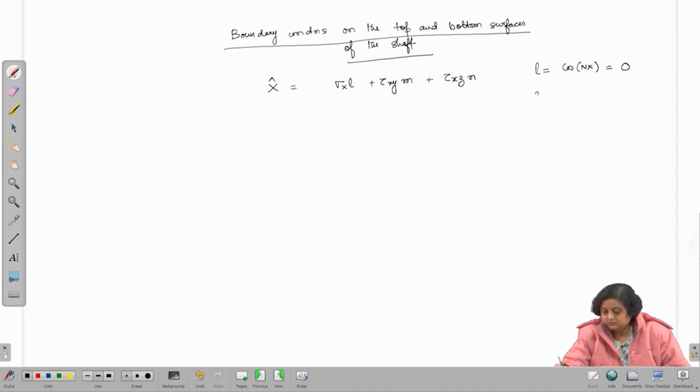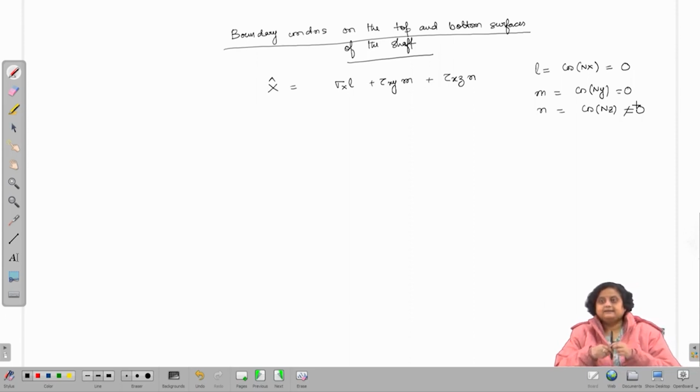M is equal to cos n y, which is equal to 0, and n, which is cos n z, is not equal to 0. N is along z, so it makes an angle 0.